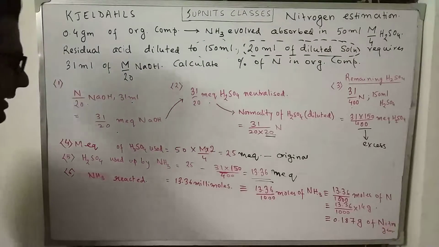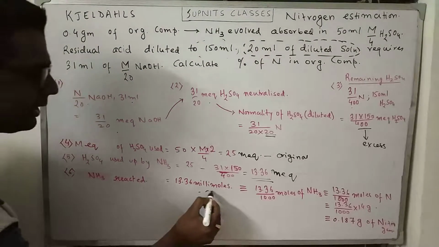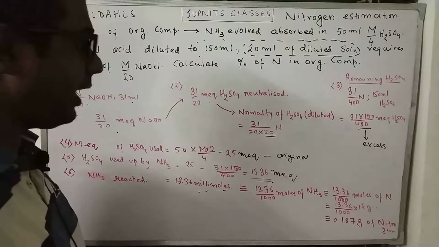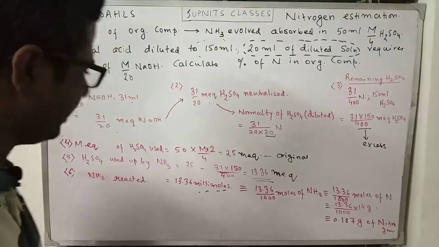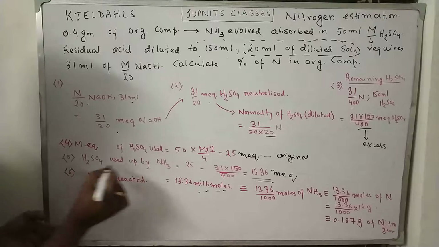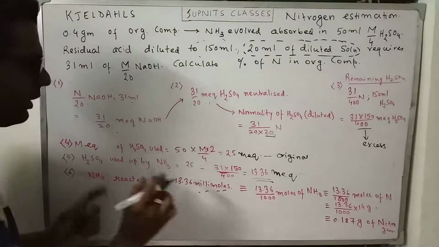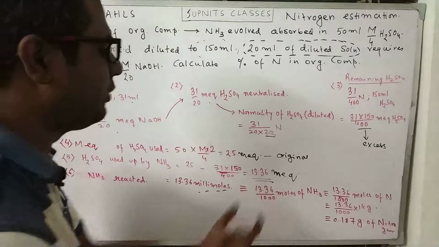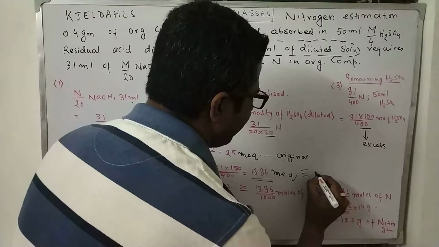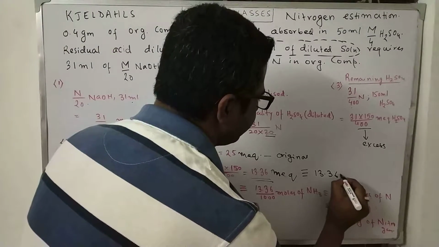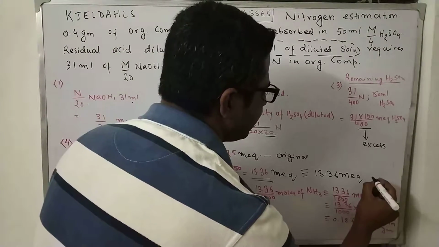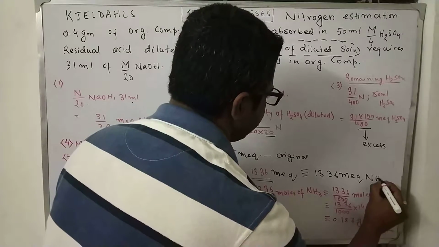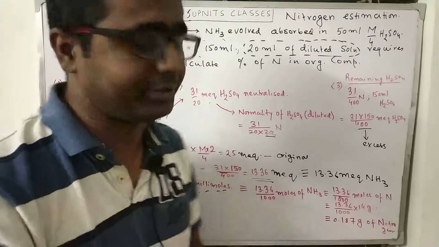Now how much NH3 has reacted? Now suddenly I have written millimoles. Why? It is not a big mistake. See, H2SO4 came out in milli equivalent, so for this much milli equivalent of H2SO4, how much milli equivalent of NH3 has reacted? Same, because reactions happen in equivalence.